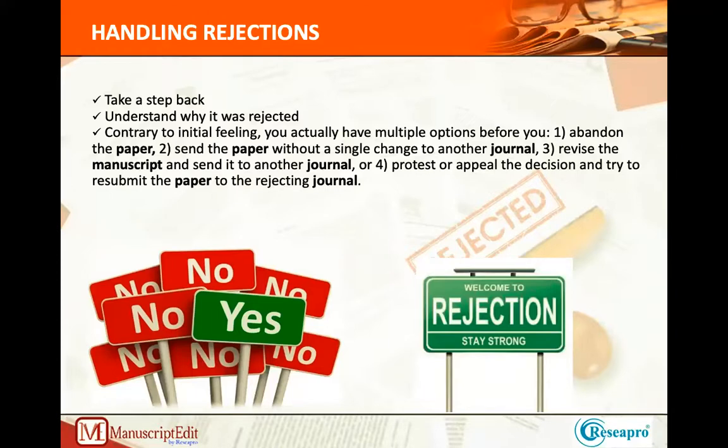While the initial reaction may be towards options 1 and 4, it is really options 2 and 3, that is, send the paper without a single change to another journal and revise the manuscript and send it to another journal, that make more sense. However, all 4 options are equally valid, and what you decide to do must be based on sound reasoning.